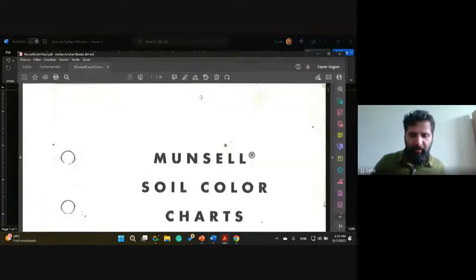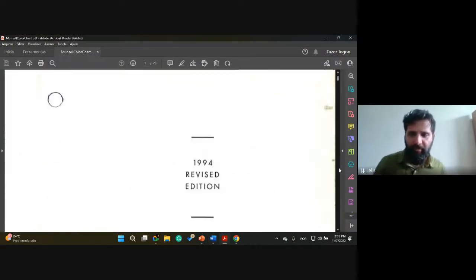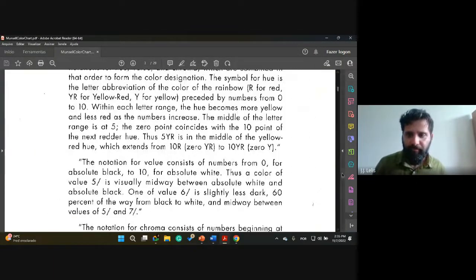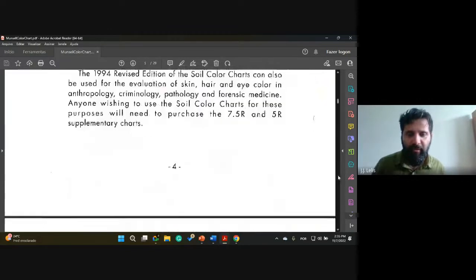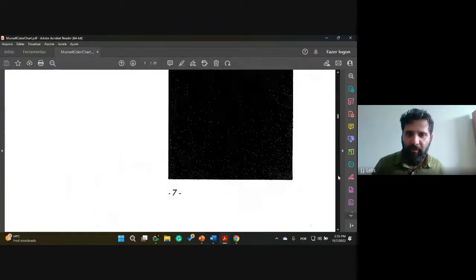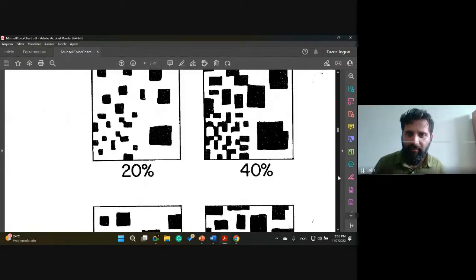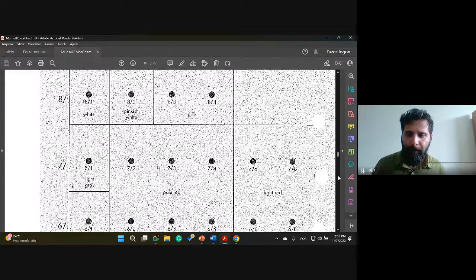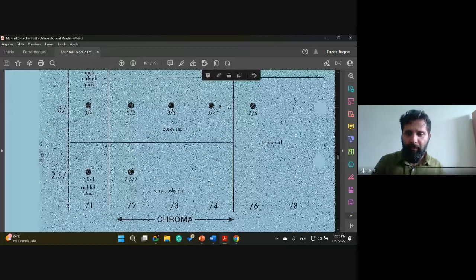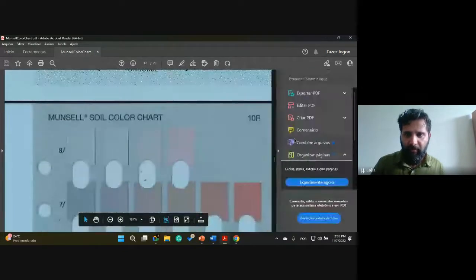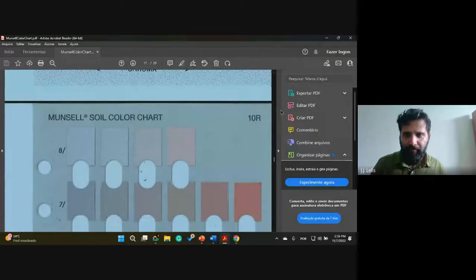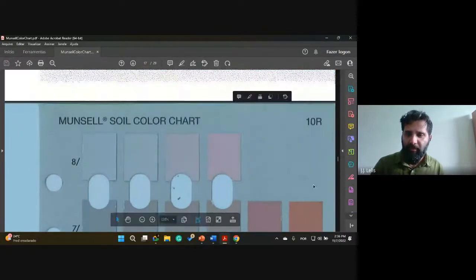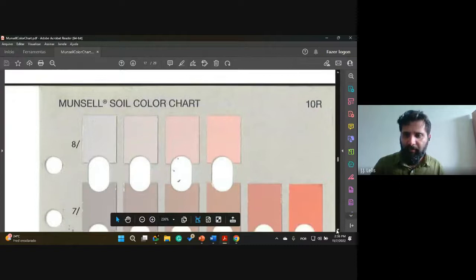Here is the Munsell color chart, and let me find. Just a moment. Okay, it's 10R.